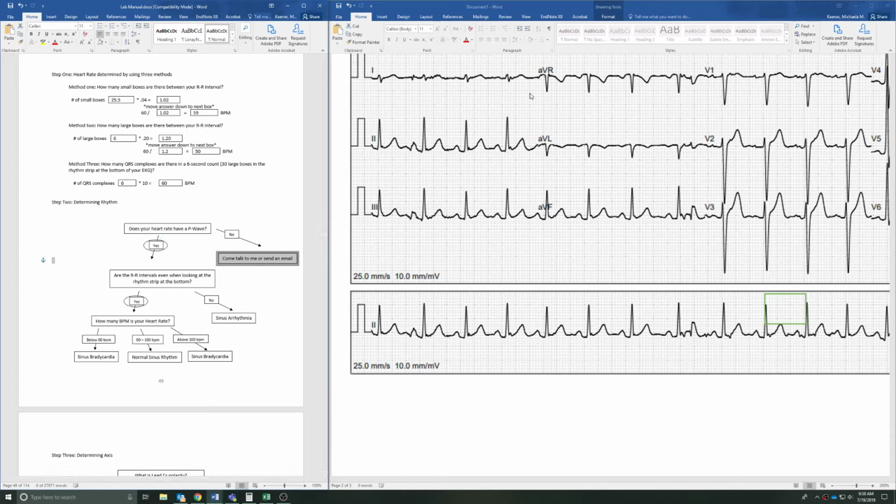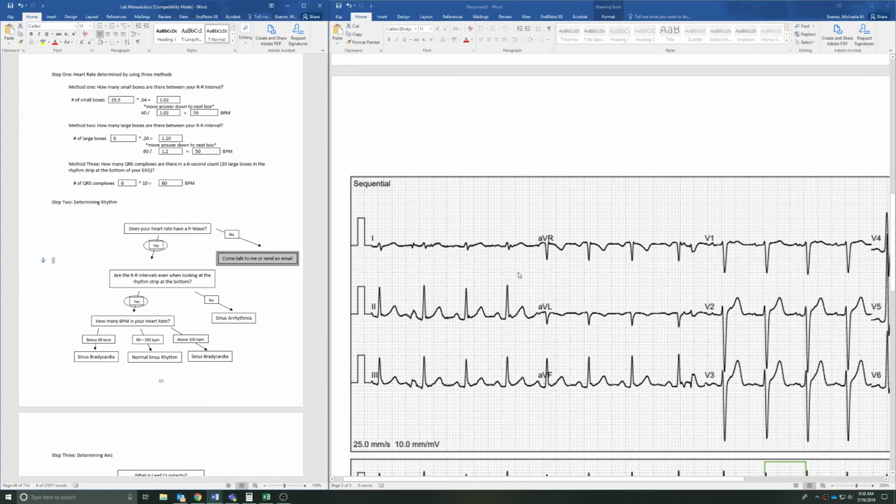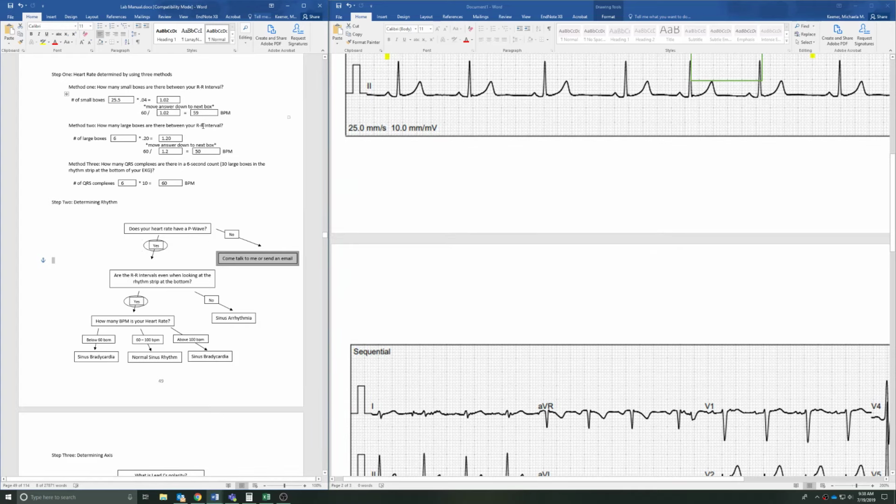Now, obviously, we did not count for this with all of our numbers up here, but you'd use these to determine which is best. If you have an even rate, you should be using your small box method to determine. Now this 59 is pretty close, but when we use the large box, it's at 50.